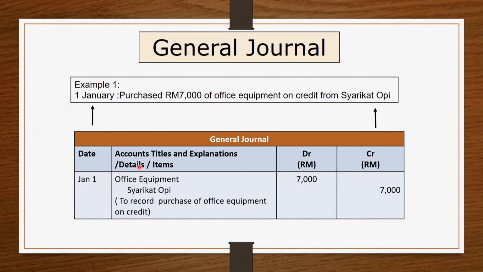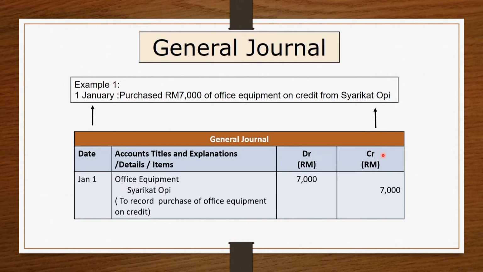The second one, account titles and explanation, or we can just write down details, or we can just write down item. The third column is the debit side, the account that should be recorded in the debit side, and this is the account that should be recorded in the credit side.